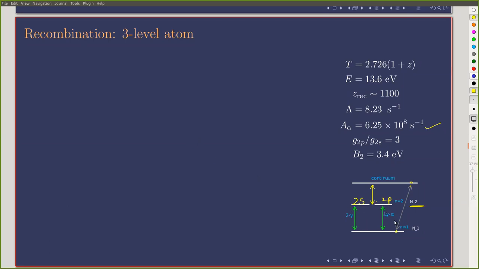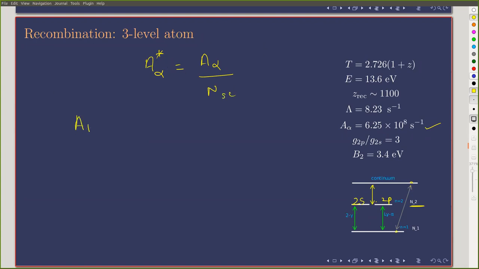So instead of this Lyman alpha rate as this, we can write an effective rate of Lyman alpha transition, which is suppressed by the number of scatterings which Lyman alpha has, and we can write that as Lyman alpha divided by some factor. So let's write that as number of scatterings. So this is suppressed by this factor.